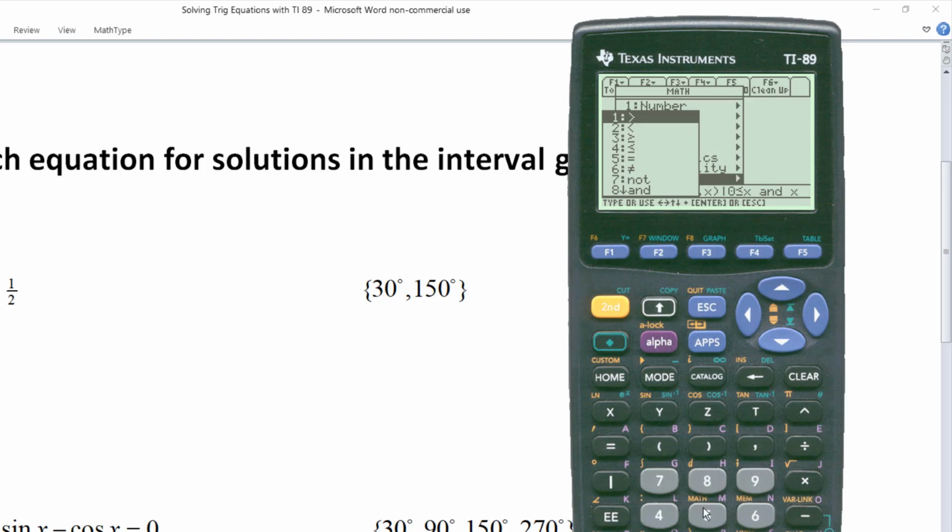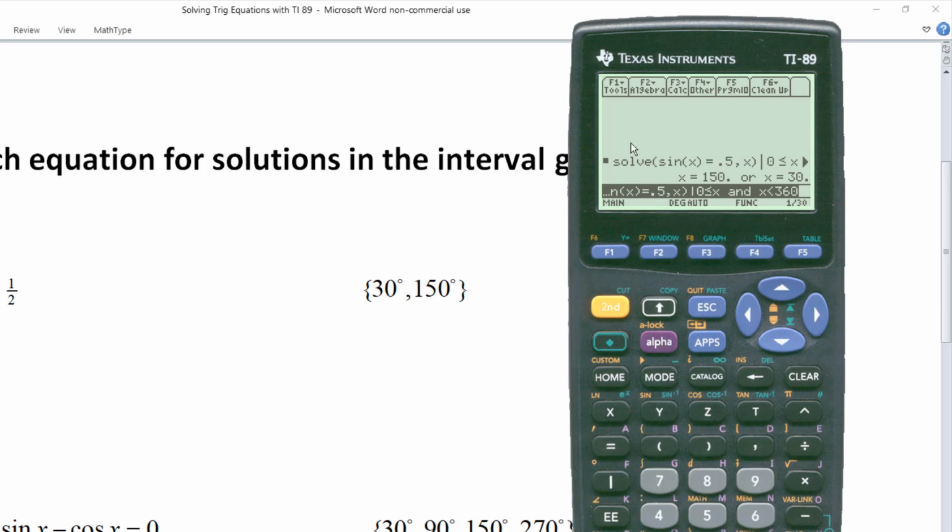Strictly less than, that's number 2. 360. And I hit enter. So this one has an exact solution of 150 degrees and 30 degrees, which is, of course, what we have here. Basically, you just repeat the same steps for the next.